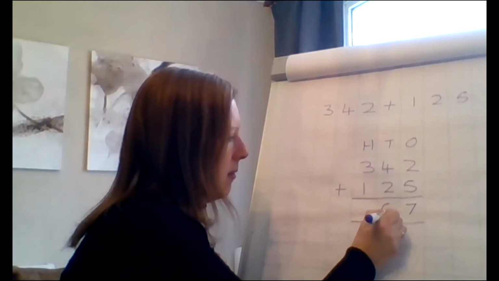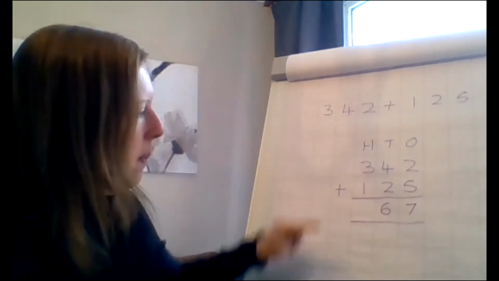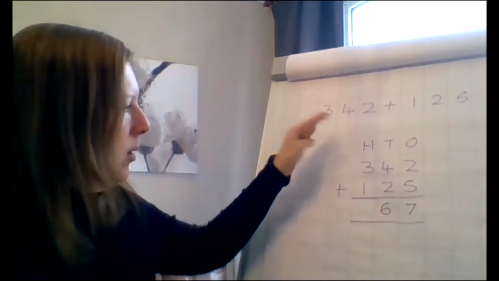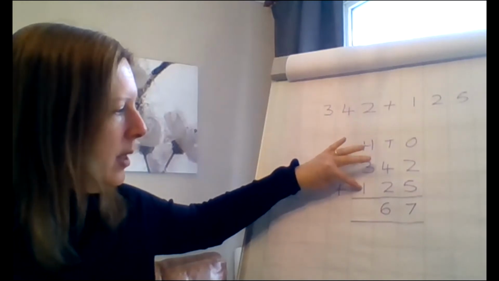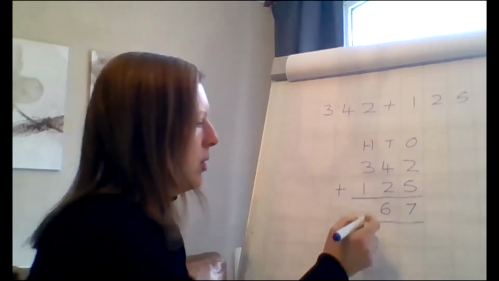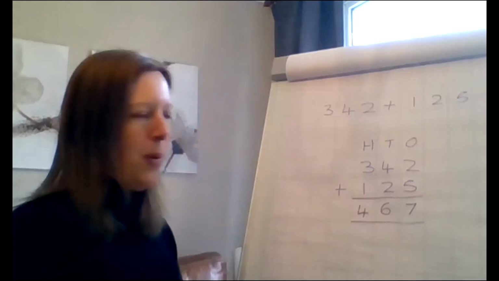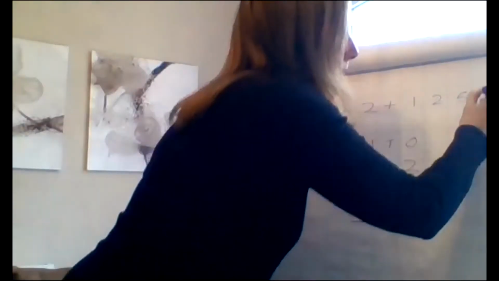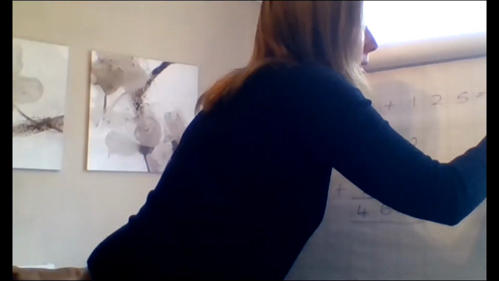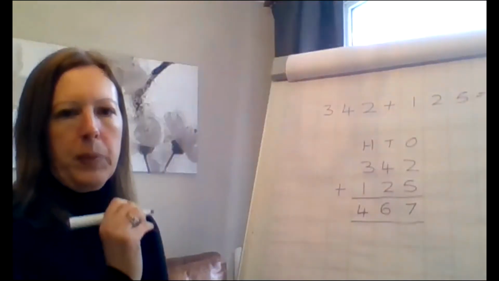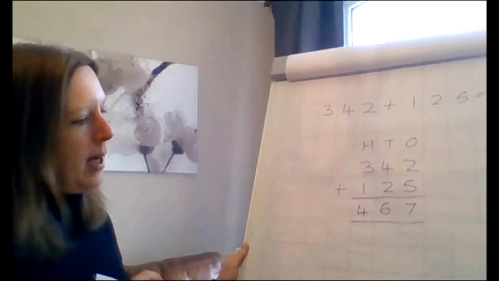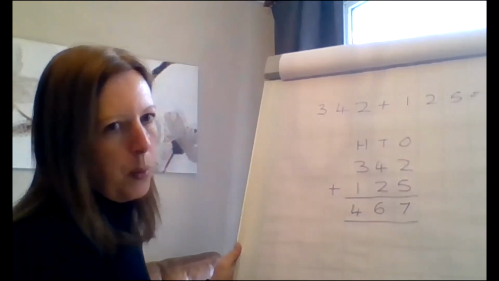So 6 is going to go into there. This means now my last column, hundreds, 3 add 1, nice and easy, which is my 4. So my answer is 467.